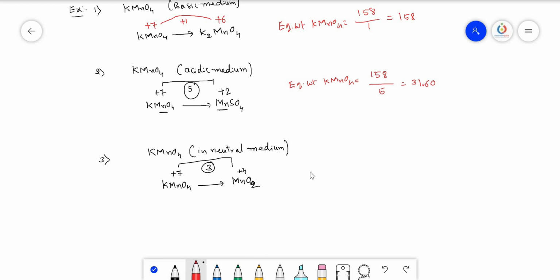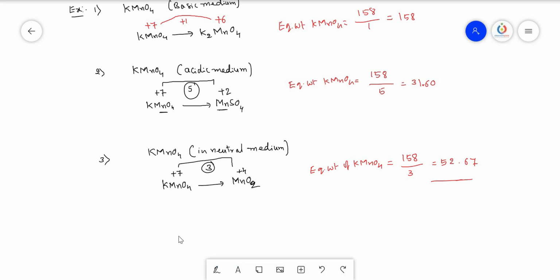So now the equivalent weight of KMnO4 is equal to the molecular mass, 158, divided by the difference in the charge, 3. So we get 52.67. In this way we can calculate the equivalent masses of different oxidizing and reducing agents.